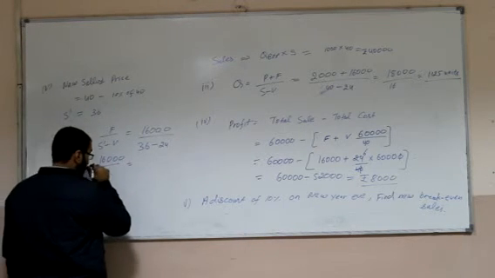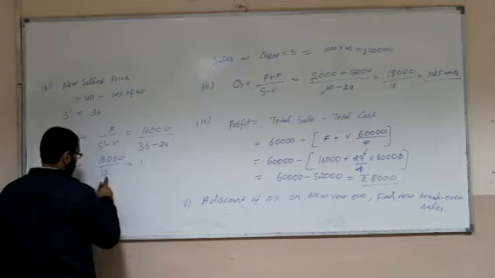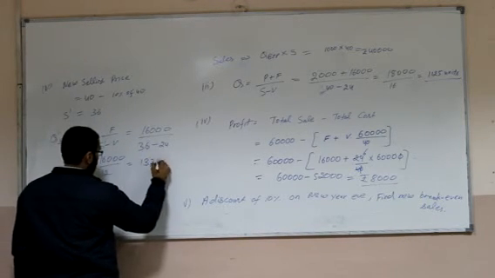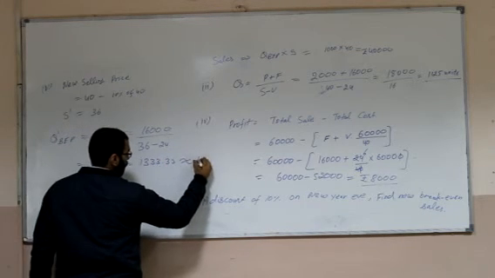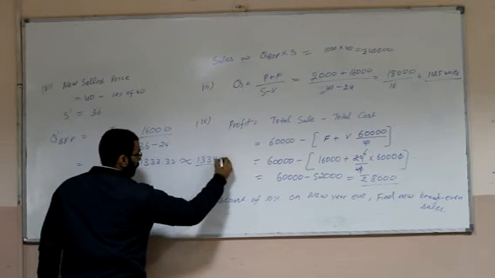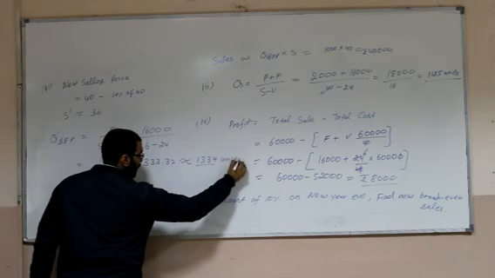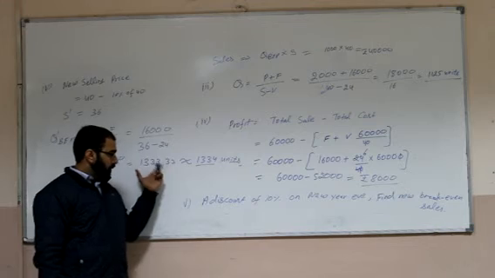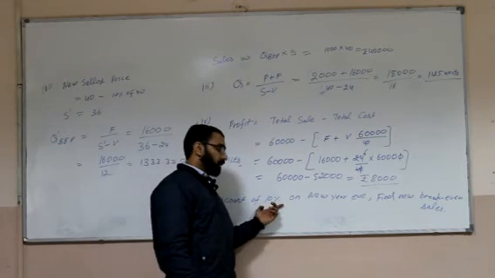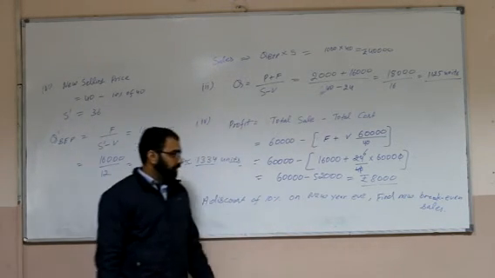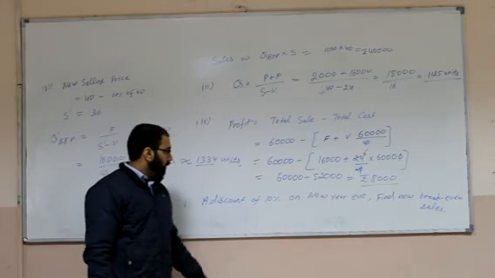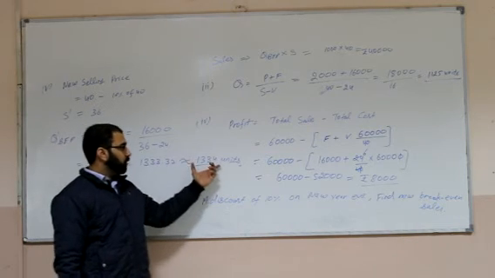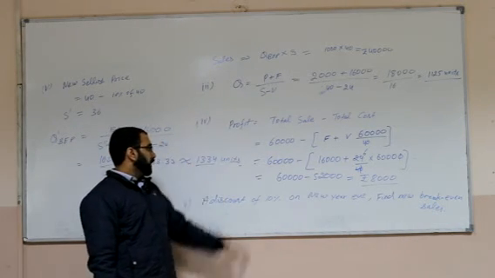This will turn out to be 1,333.33, meaning 1,334 units. These many units we have to sell to achieve break-even after the discount of 10% is given.